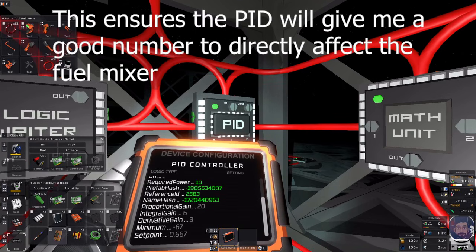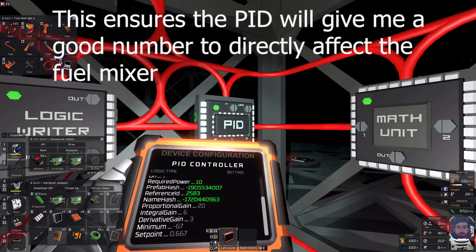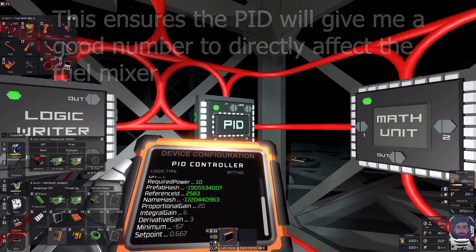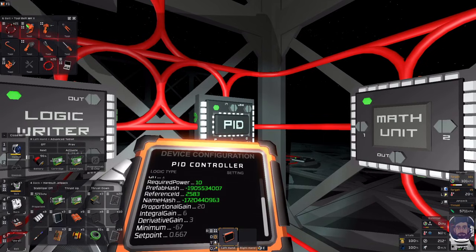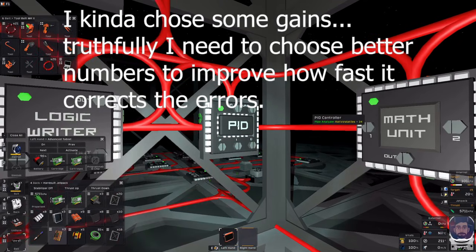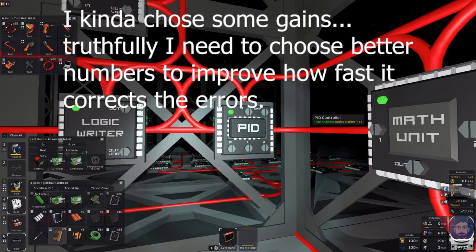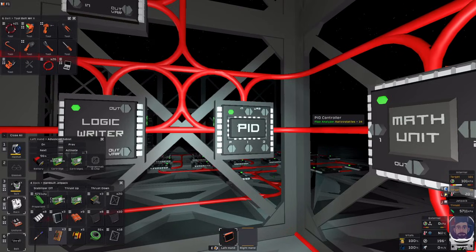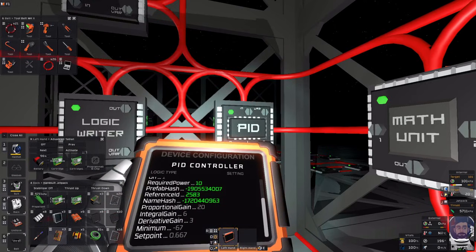As far as the gains, proportional gain, integral, and derivative gain, I just chose these numbers and work with them. This is not a very well-tuned system, and it definitely shows because of the way it is. But I did choose numbers so that for a small ratio, if an error is 0.01, then a proportional gain of 20 means that 0.01 will be 0.2.